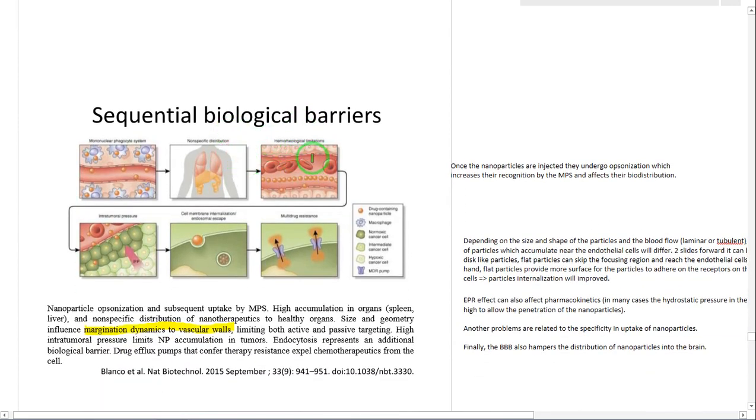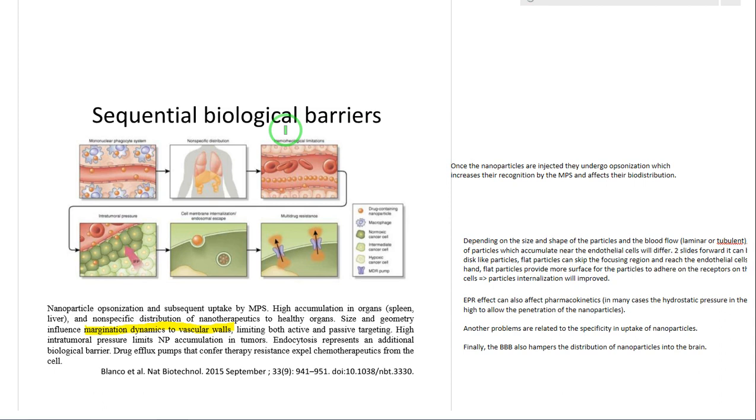Well, we want to just say that when the particles enter the body, they are faced with sequential biological barriers that they have to overcome to increase the efficiency of the drug. Because we said that the pharmacokinetics is going to be increased the more the nanoparticles or the drug can be present in the vicinity of the target site.